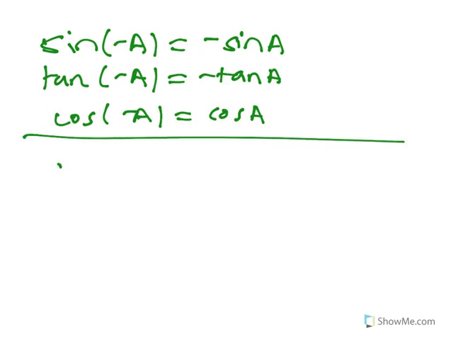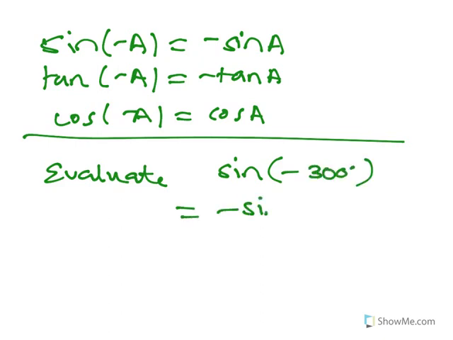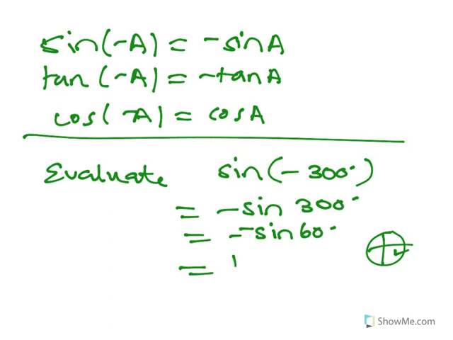Okay, so let's say you wanted to evaluate sine of minus 300 degrees. That would be minus sine 300. Sine 300 is in that quadrant, and the acute angle is 60. So it's minus minus sine 60, which is plus sine 60.